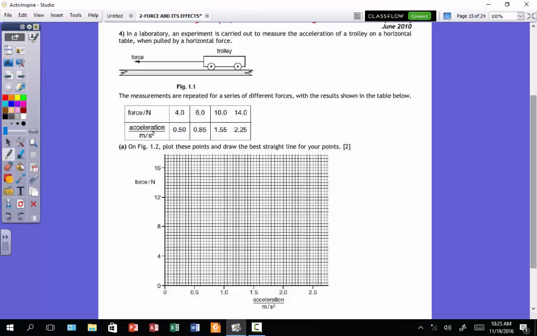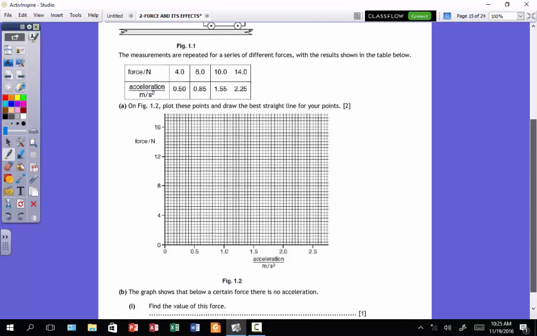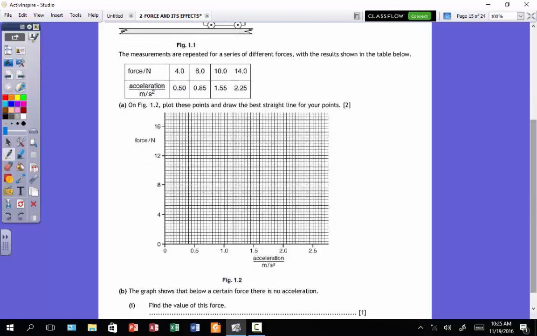A, on figure 1.2, plot these points and draw the best straight line for your points. Now in this question, we are going to use the table to plot the best straight line for these points.